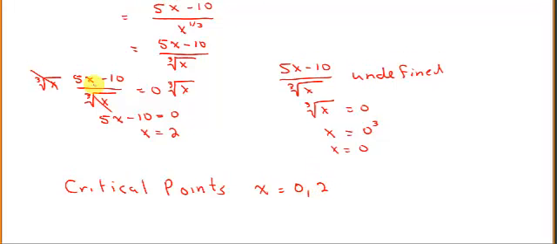Now notice at 2, this is a place where the first derivative was 0. I could use a second derivative test here, but I ask myself, and this is what I do in those cases, do I really want to take the second derivative of this function? I'm going to end up with the quotient rule and the radical and all that stuff. I don't think I really do.